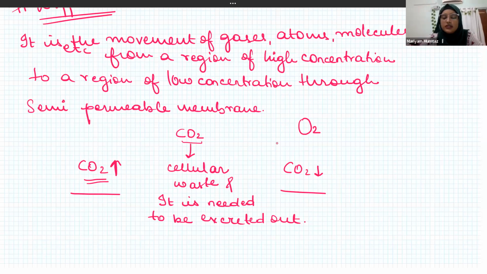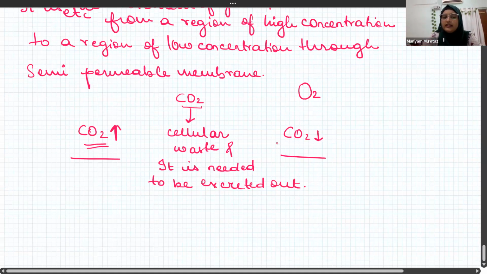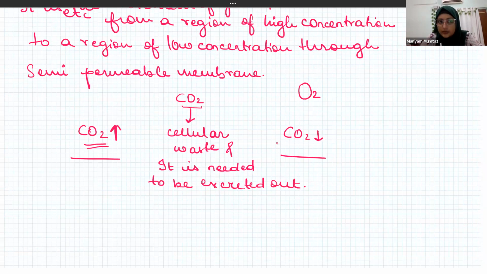So when the carbon dioxide level increases in our body, we excrete it out by breathing it out and other mechanisms. So this example, wherein the carbon dioxide moves out of the cell, is through the process of diffusion. How? Because it is moving from a region of its higher concentration to the region of its lower concentration.